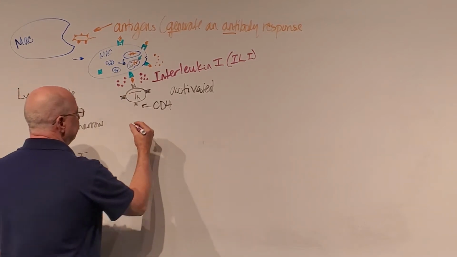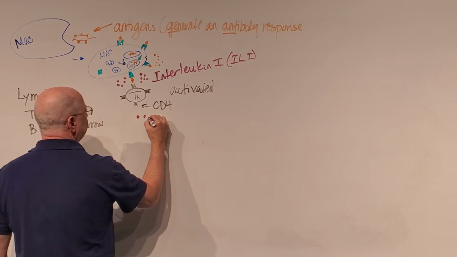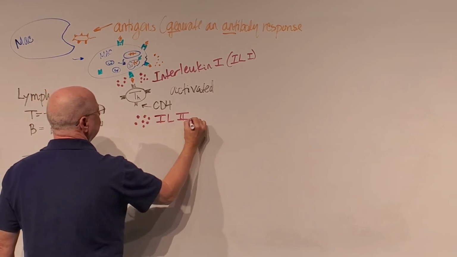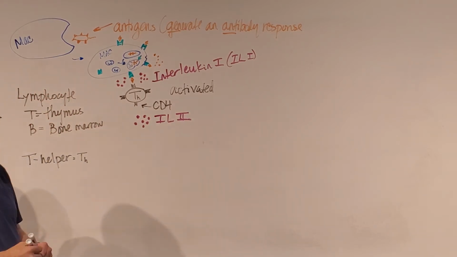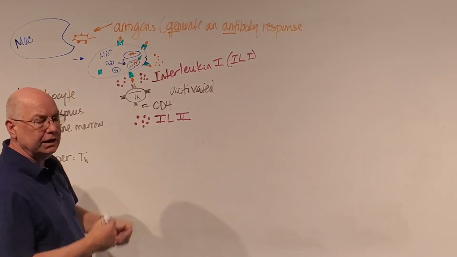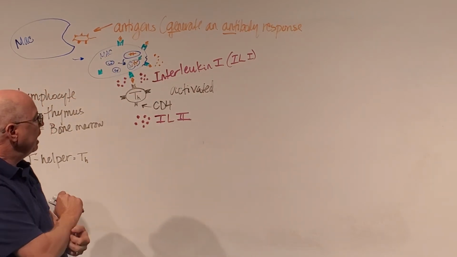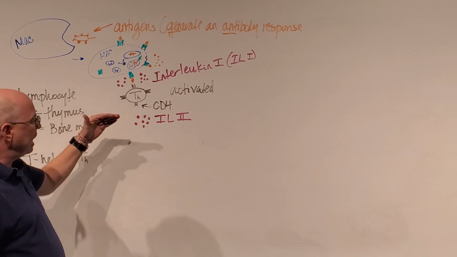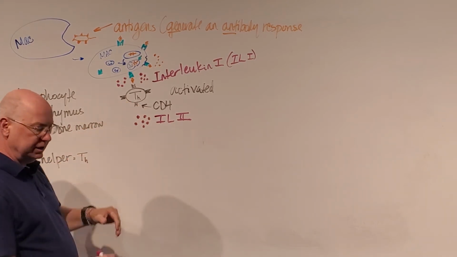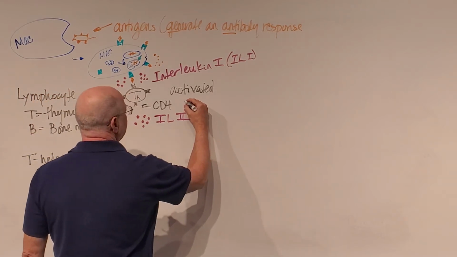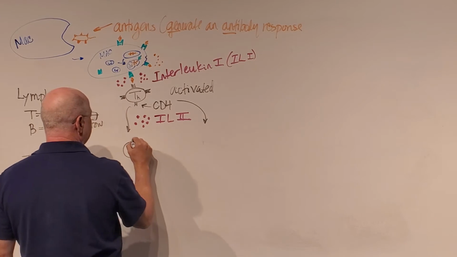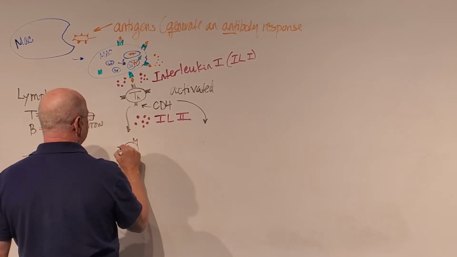That causes this CD4 molecule to release another molecule called interleukin 2, or IL-2. Now, inter means between, and leuco means white blood cells. It communicates between white blood cells. As this T helper cell is activated, one of the things it can do, in addition to releasing interleukin 2, is that this cell will start to divide by mitosis, and I will get a whole lot more of these CD4 cells.